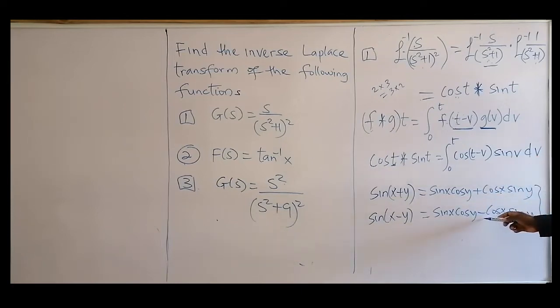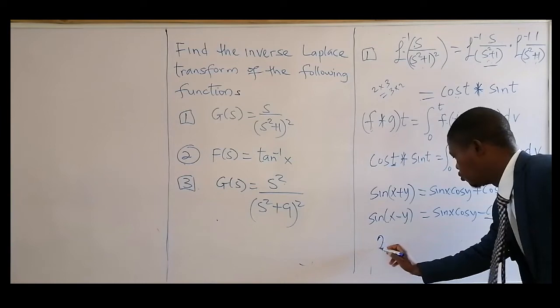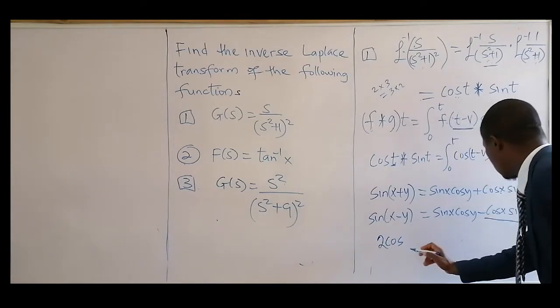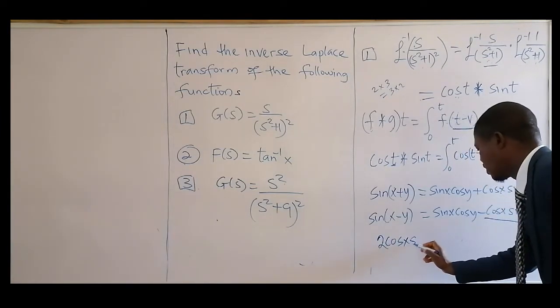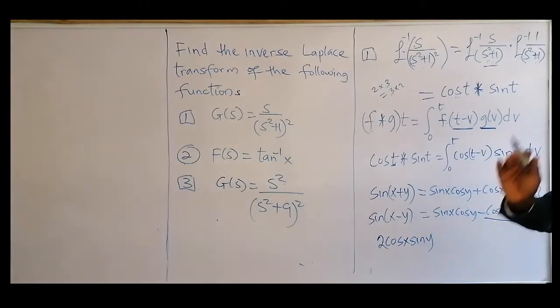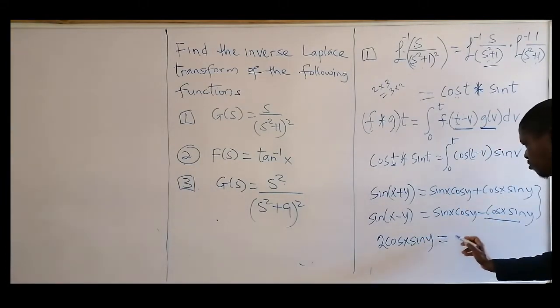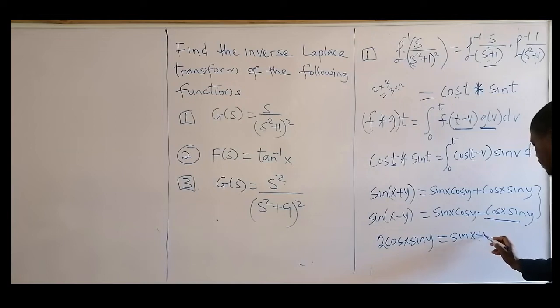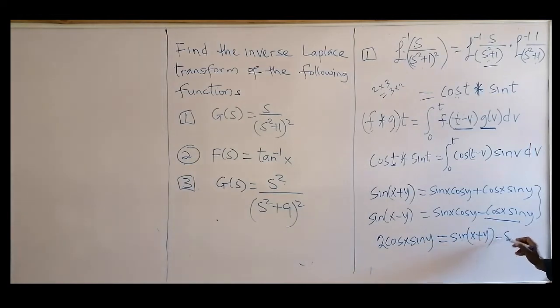This one minus this, and that will give me 2 cos x sine y. That's what I'm looking for, a product of cos and sine, and that will be equal to sine of x plus y minus sine of x minus y.